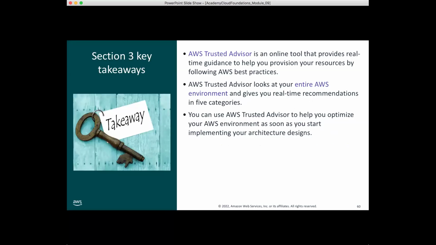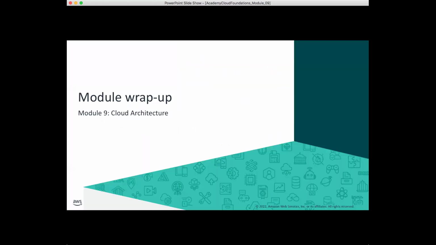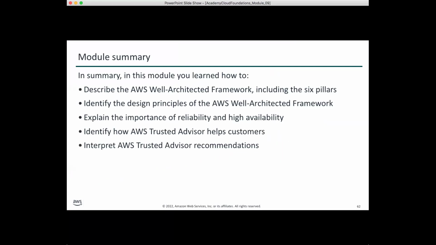We can use AWS Trusted Advisor to help optimize our AWS environment as soon as we start implementing our architecture designs, which we have used the AWS Well-Architected Framework to design.